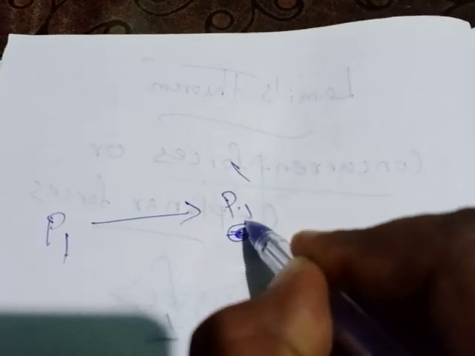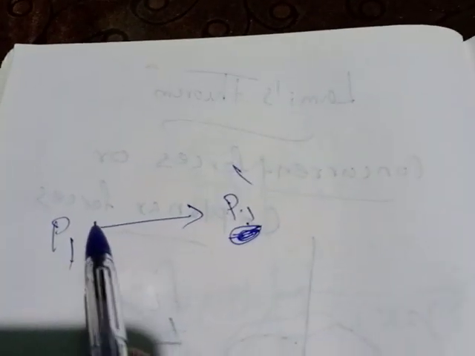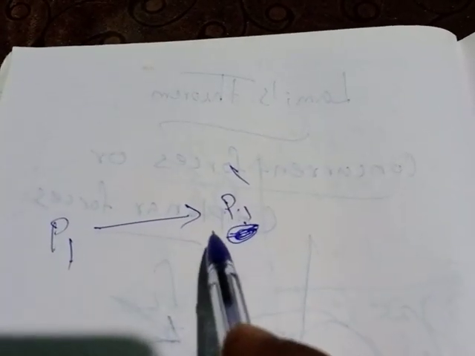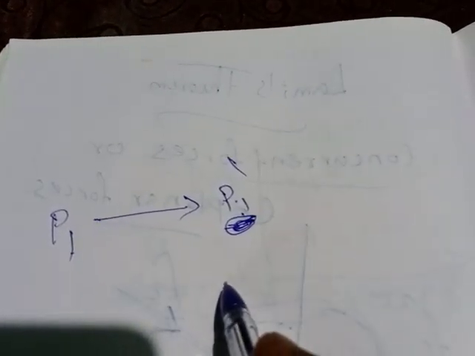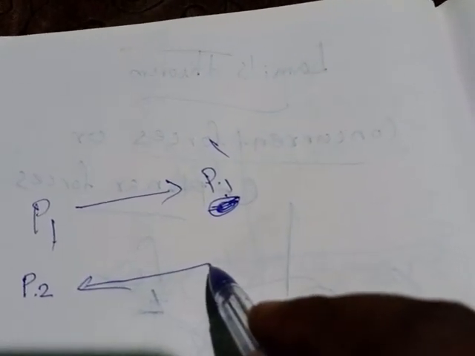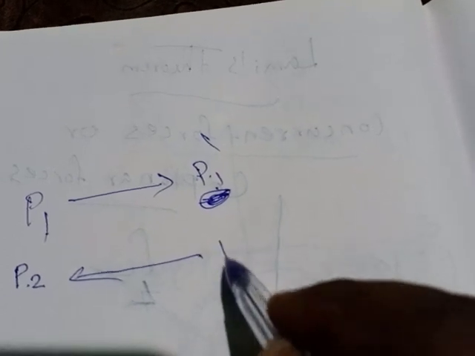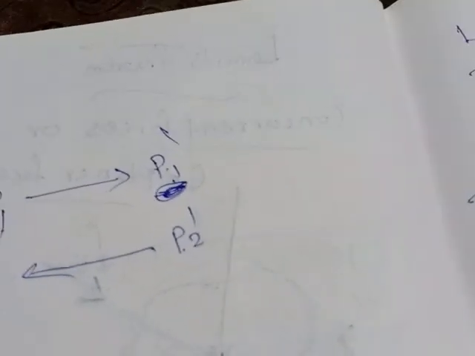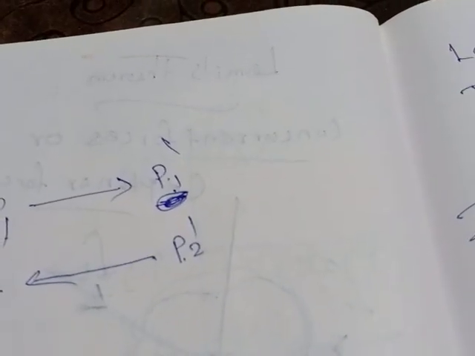At the same time, the bullet is going forward and the gun will move back. So there is a change for particle 2, the gun. Now P2 is changing to P2 dash.